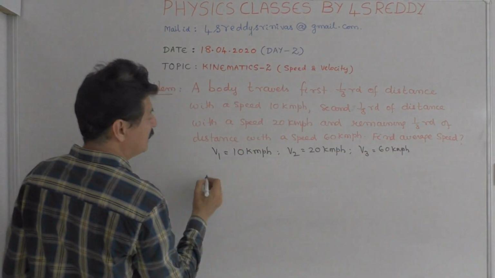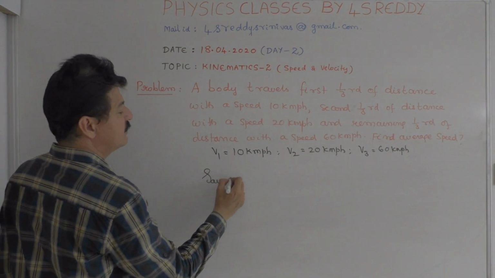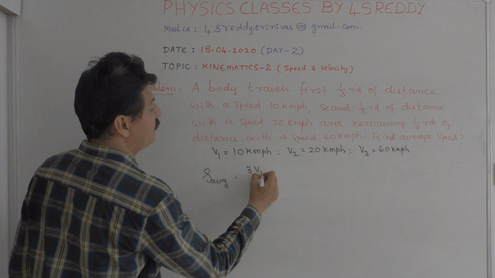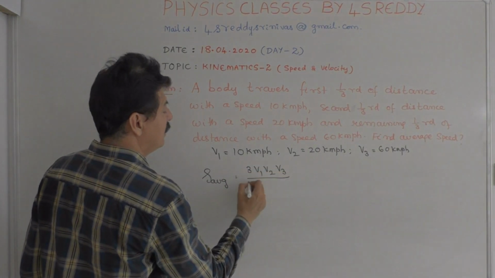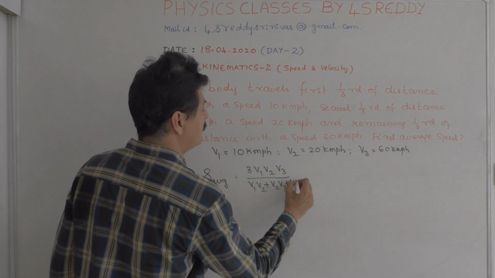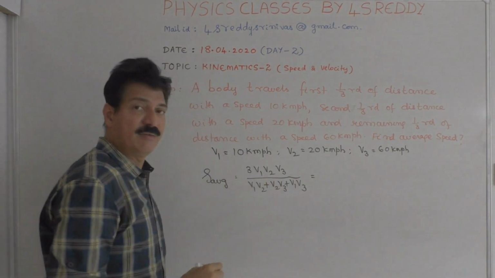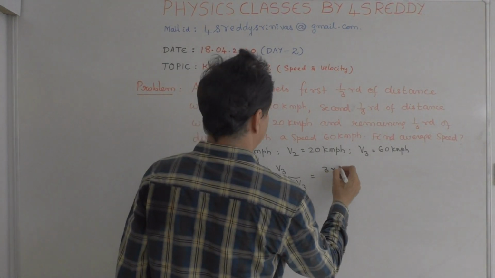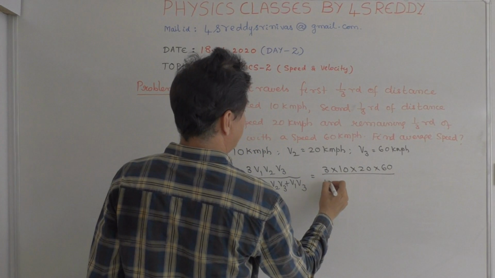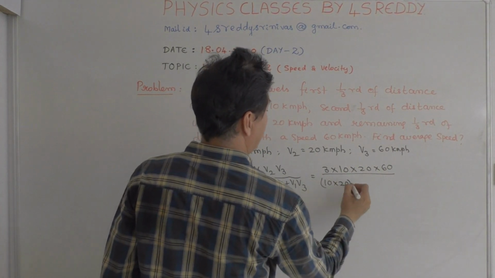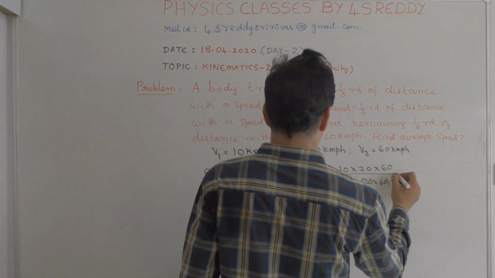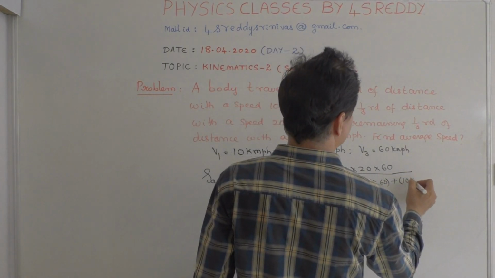But we already got the general formula: when the distances are one third each, it is 3 V1 V2 V3 by (V1 V2 plus V2 V3 plus V1 V3). Then it is given by 3 into 10 into 20 into 60 by (10 into 20 plus 20 into 60 plus 10 into 60).